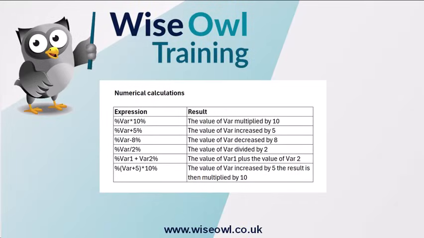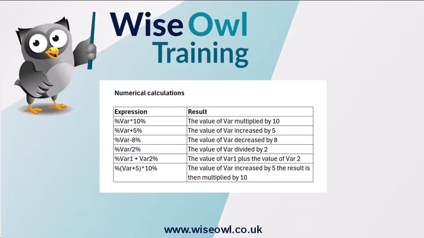Here you can see some examples of typical numerical calculations that Power Automate will accept. We can take a variable and we can perform multiplication, addition, subtraction, division. You can perform calculations on multiple variables. So in this table you can see I'm adding variable 1 to variable 2, which in itself will return the answer of the addition.